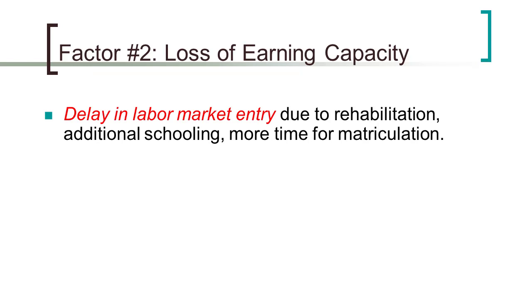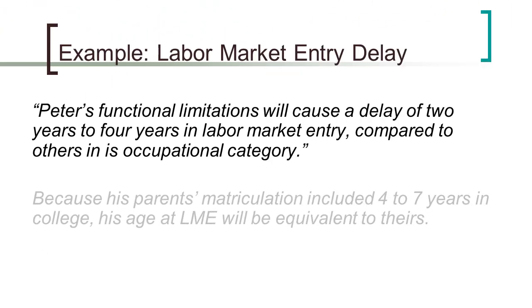The next factor has to do with delay in labor market entry. We already know that Peter has lost 1 year because of the time out that he needed for rehab. With the cognitive functional limitations that he's experiencing, Peter is moving more slowly in school, even with appropriate accommodations and an active IEP program. The consensus is that his slower rate of matriculation can be expected to continue after he leaves high school in whatever occupational training program he pursues.